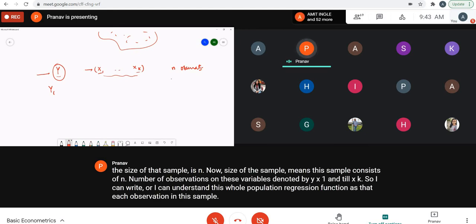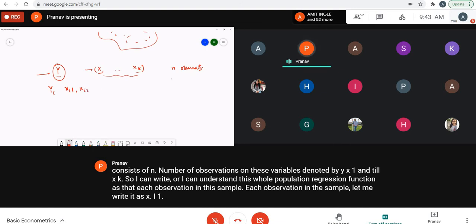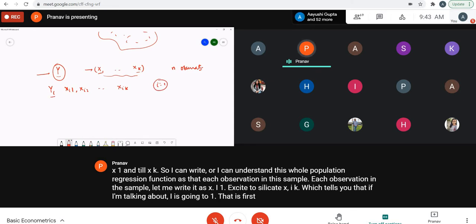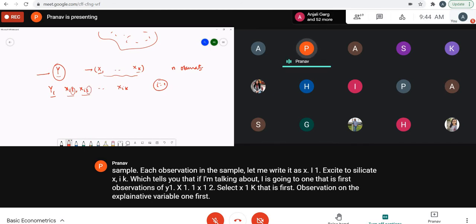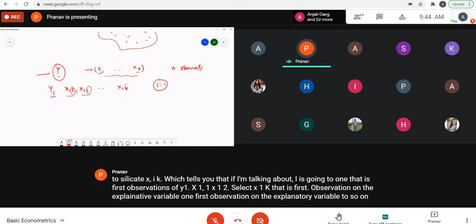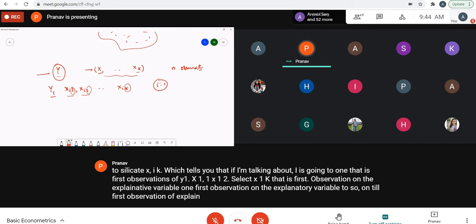let me write it as xi1, xi2, till xik, which tells you that if I'm talking about i equal to 1, that is the first observation, so y1, x11, x12, till x1k, that is the first observation on the explanatory variable 1, first observation on the explanatory variable 2, so on till the first observation on explanatory variable k.